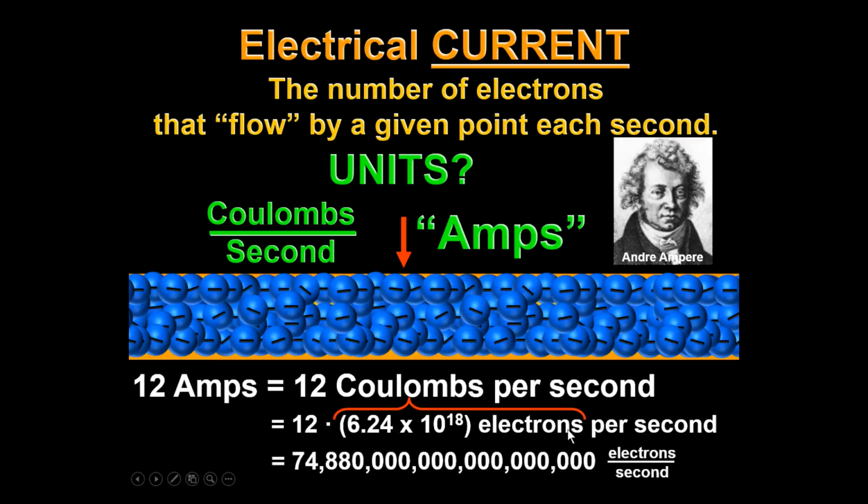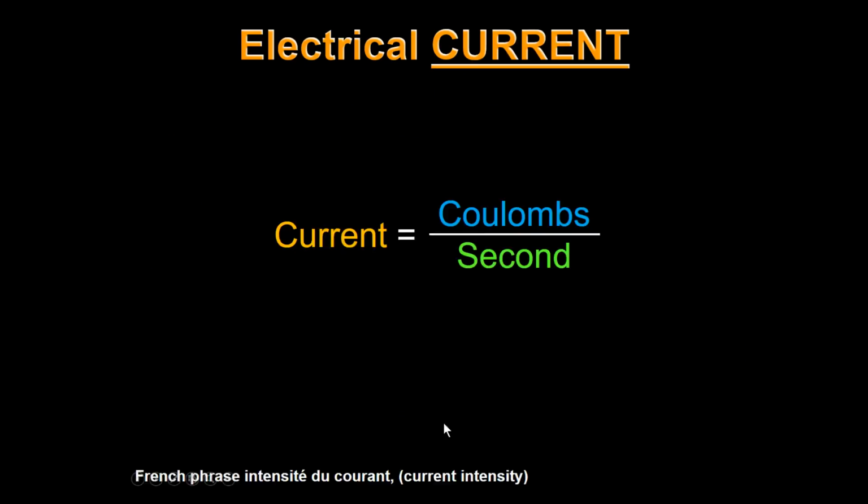There's going to be 74.88 quintillion electrons flowing through that wire every second when there's 12 amps of current in that wire. So current is how many coulombs go by every second.